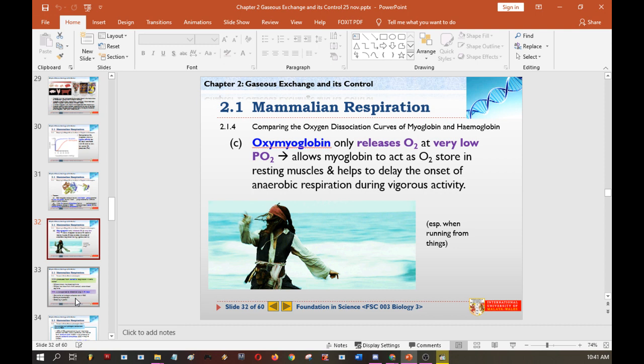It's just that oxymyoglobin releases O2 at very low pO2, meaning O2 can be stored in resting muscles and help delay the onset of anaerobic respiration during workout activity. Hemoglobin is much more generous and releases oxygen easily, but oxymyoglobin in us, we don't actually use it a lot. It just stays in your muscles and is used in emergency situations.